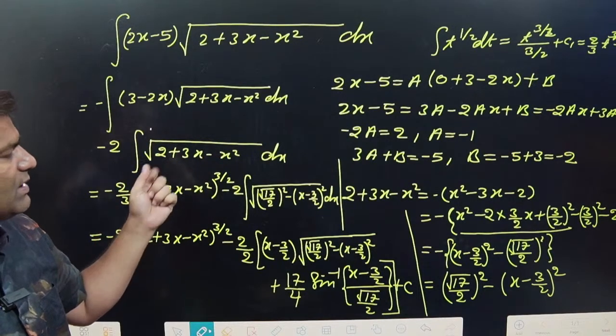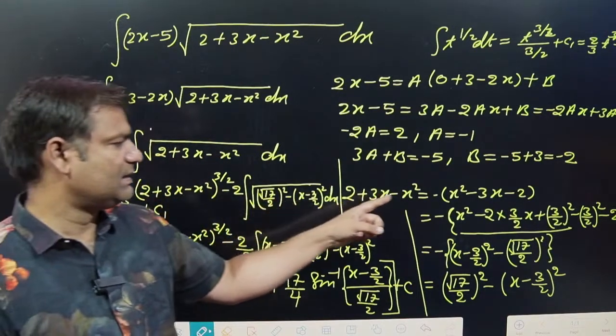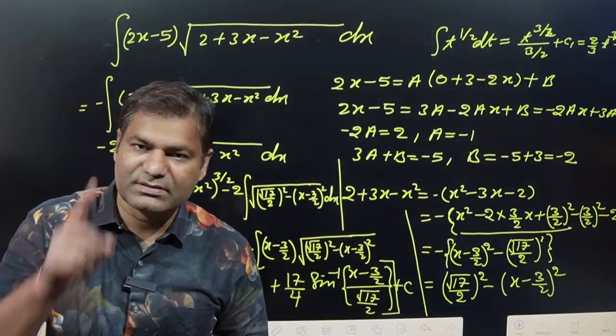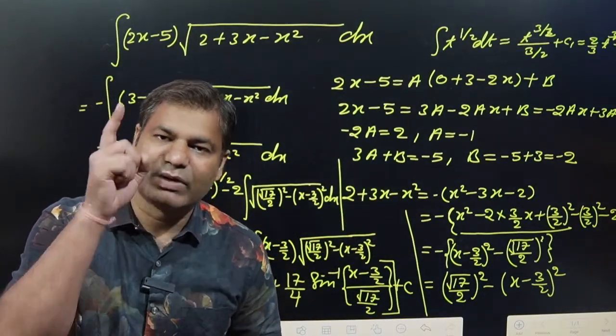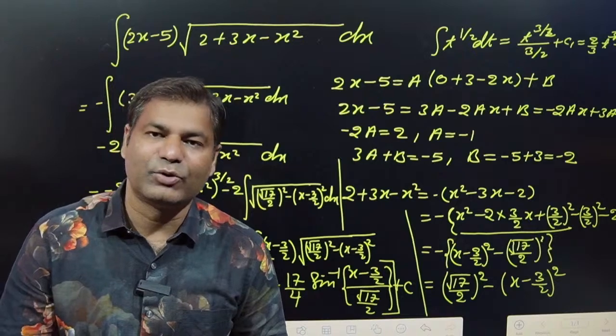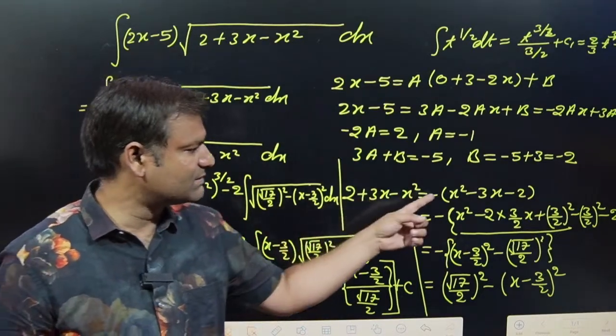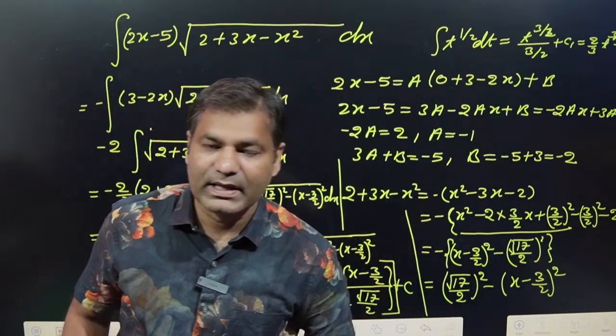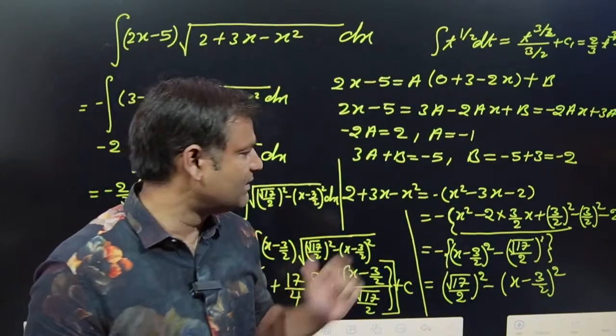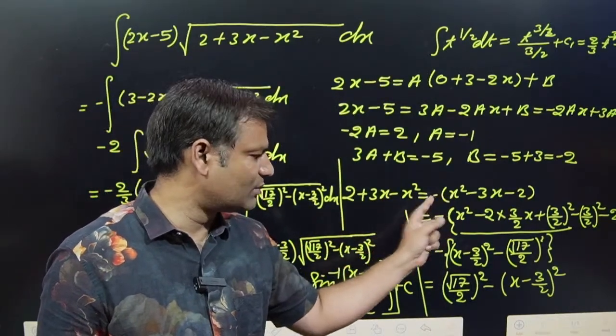Make a perfect square. Since minus x square is given, first of all take the x square coefficient positive. How can we make it positive? Take minus 1 common.